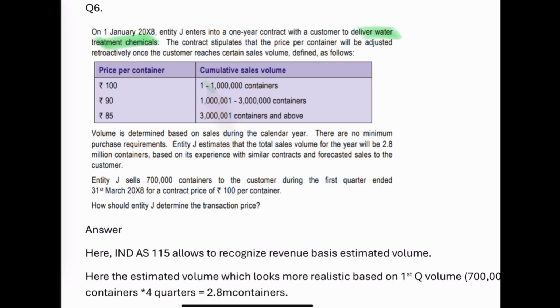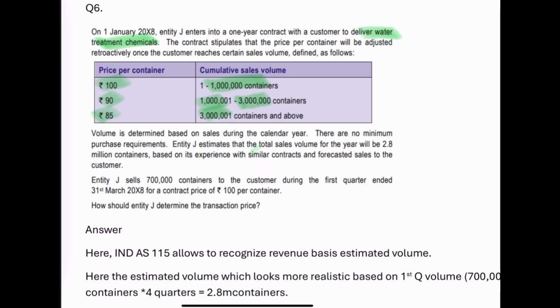Up to 1 million, the price will be 100 per container, and above 1 million up to 3 million it will be reduced to 90 per container. Above 3 million the price will be 85 per container. Volume is determined based on the sales during the calendar year. So there is no minimum purchase requirement.